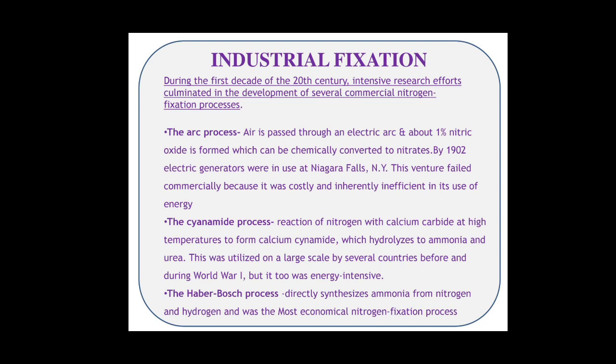About 1% nitric oxide is formed, which can be chemically converted to nitrates. By 1902, electric generators were in use at Niagara Falls, but this venture failed commercially because it was costly and inherently inefficient in its use of energy.